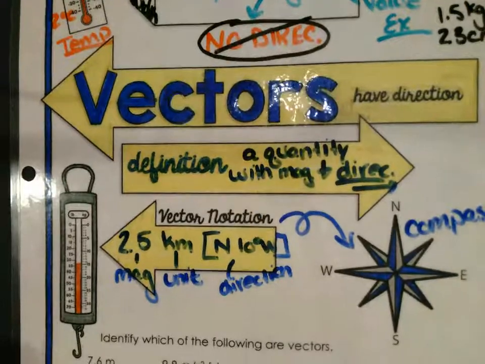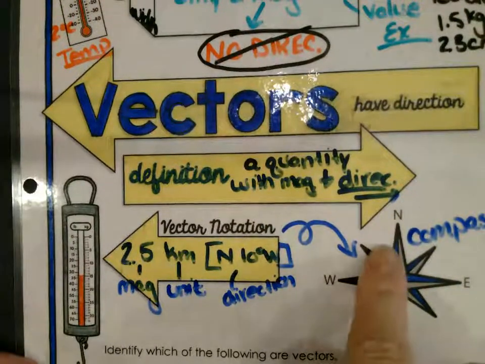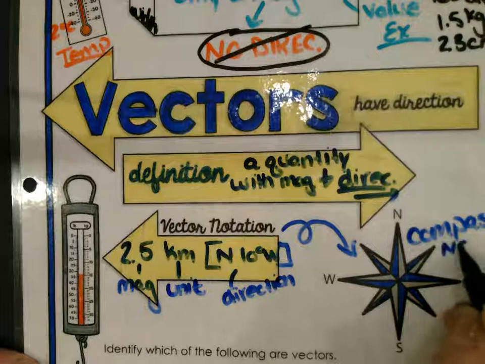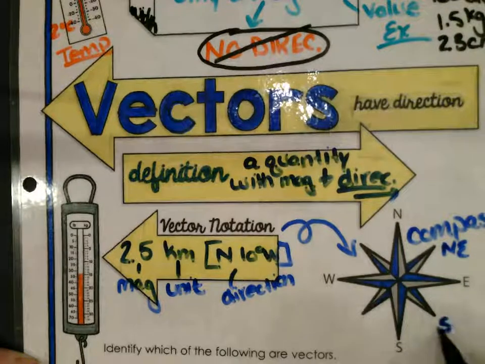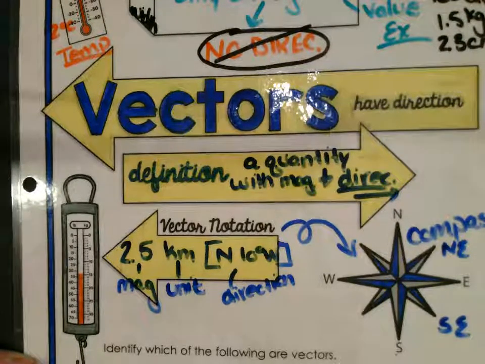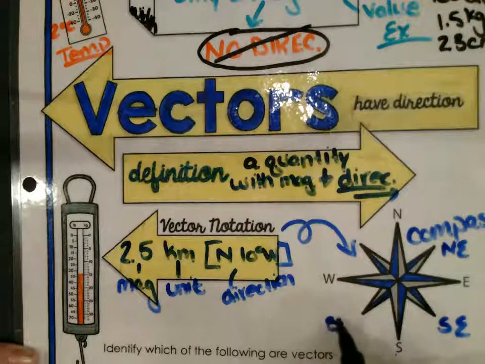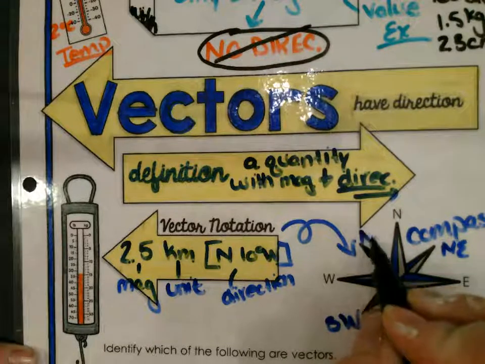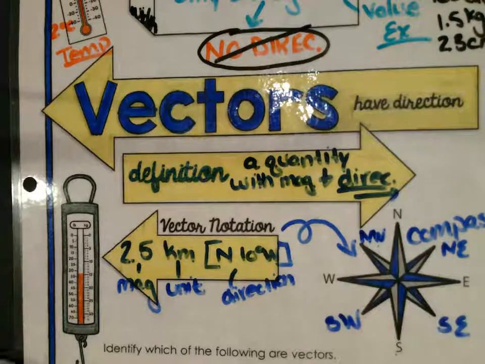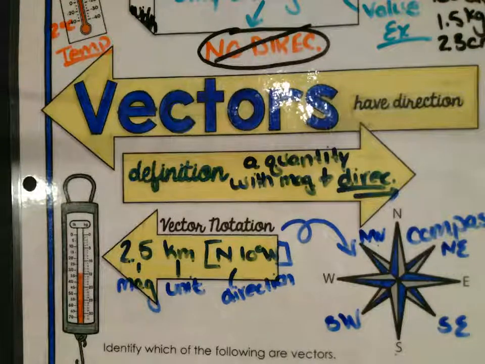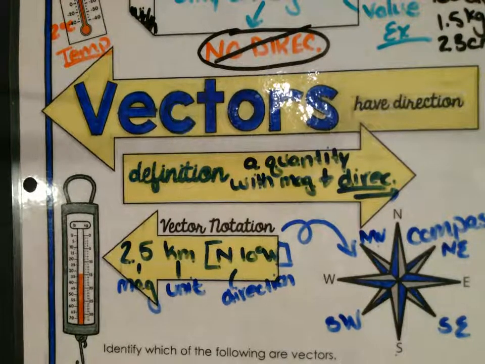So we're going to use this compass to help us determine directions. You've got north, northeast, east, southeast, south, southwest, west, and northwest, like the singer's daughters.